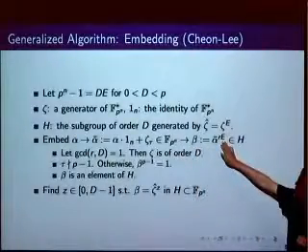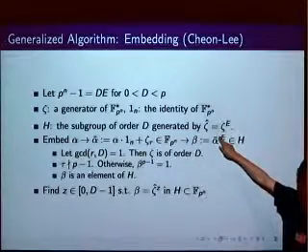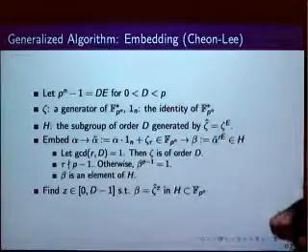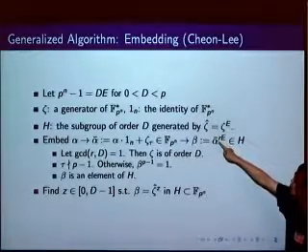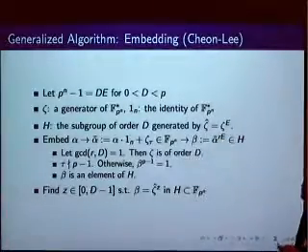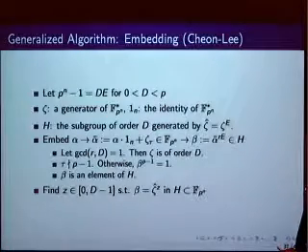And then we still embed alpha to alpha bar, raise it to a power with some random factor r, and the point is this is an element of order d. Here H is the subgroup of order d.